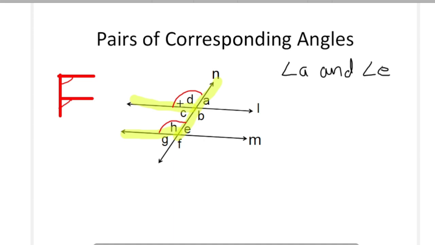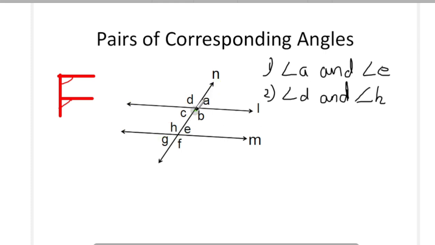So angle D is the corresponding angle of angle H. So angle D and angle H is the second pair of corresponding angles. This is the first, this is the second. Two pairs we have got. Next we will find the third pair of corresponding angles. Now see this.